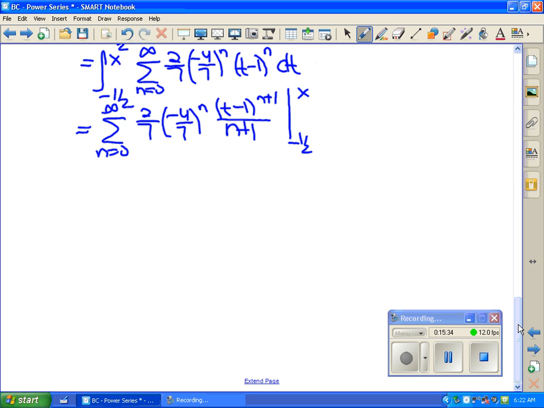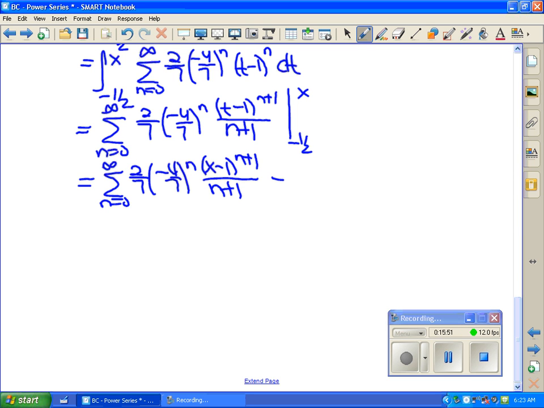Substituting in, that means my power series for this function would be n equals 0 to infinity, 2/7, negative 4/7 to the n, (x minus 1) to the n plus 1 all over n plus 1 minus, and notice I am actually going to have a second half to this because of the way that I had to set up my integral.